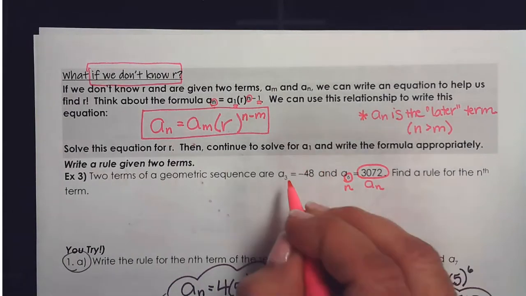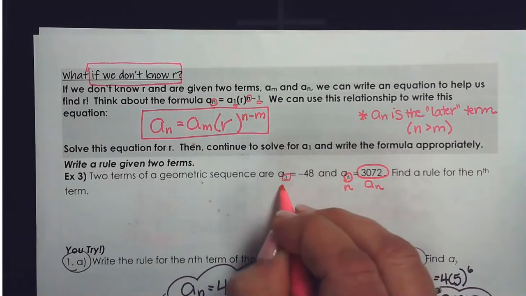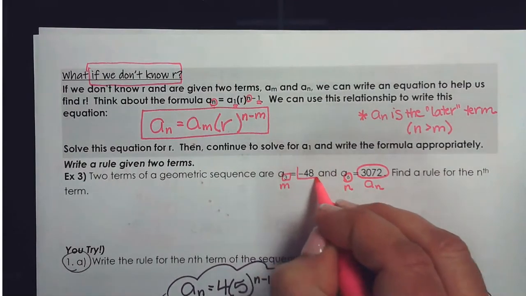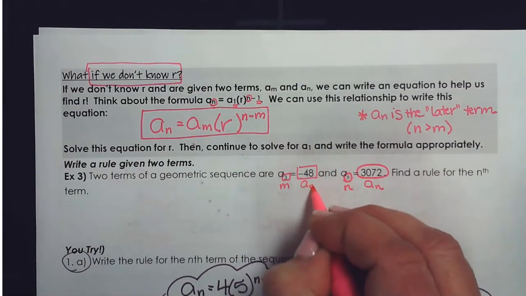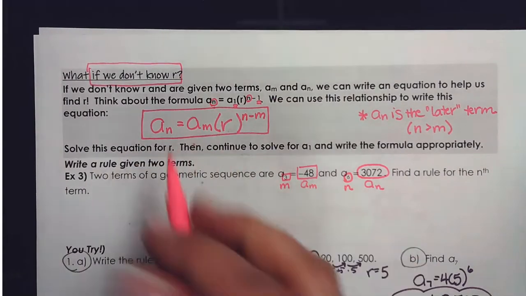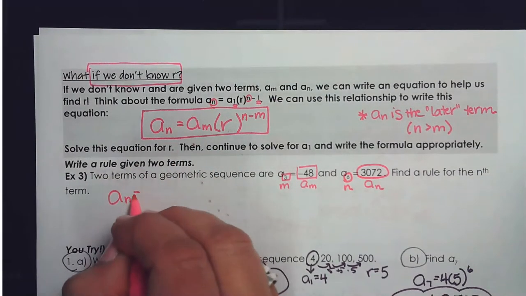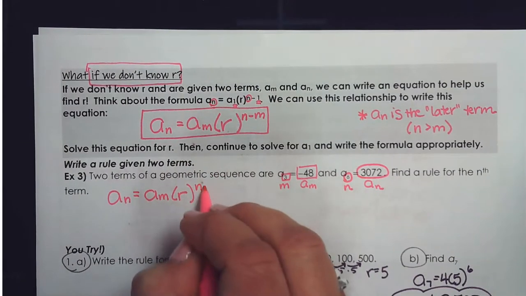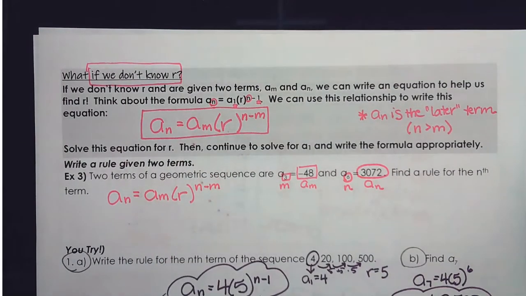Then by default, this 3 is going to be our m, and the negative 48 is going to be our a sub m. And now let's put them into this idea that a sub n equals a sub m times r to the n minus m. And again, it's really the same formula. It's just that when we know a sub 1, m is 1. So let's put these in.